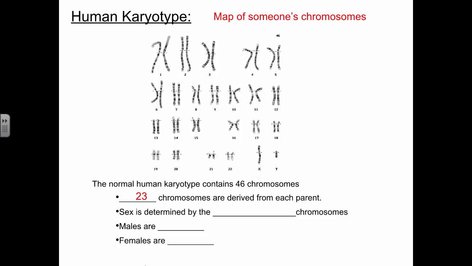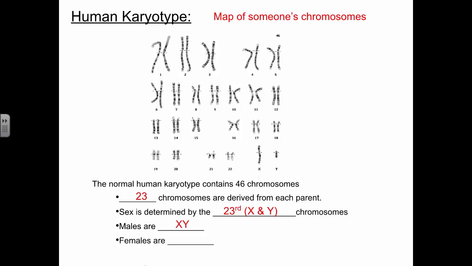And the sex of the organism is determined by the 23rd pair of chromosomes, which is the X and Y chromosomes. And I'm sure you guys have heard that before, right? X's and Y's. So this is the 23rd pair here. This particular karyotype has the 23rd pair separated just to show X and Y separately.